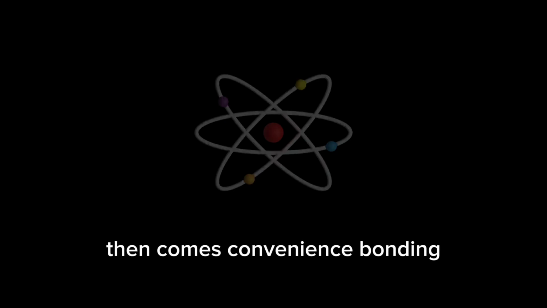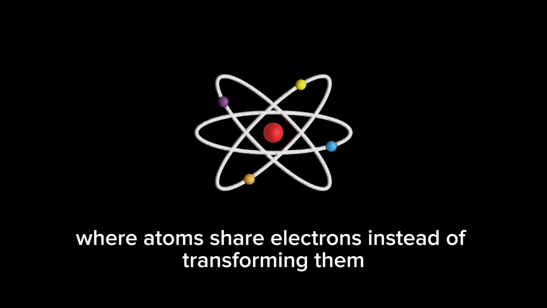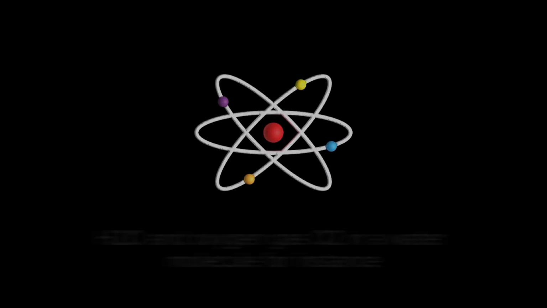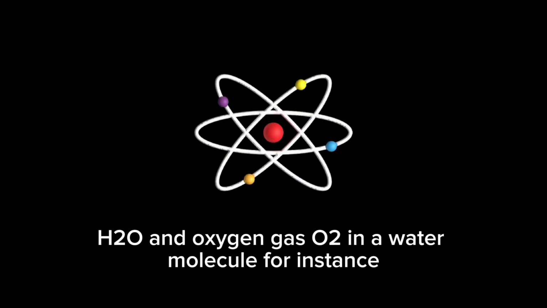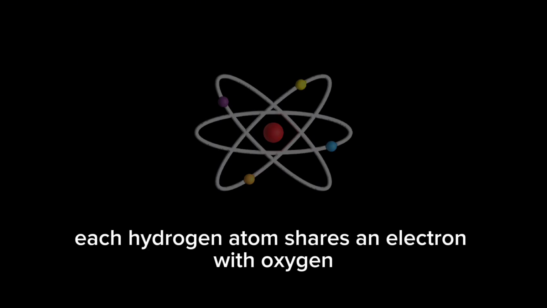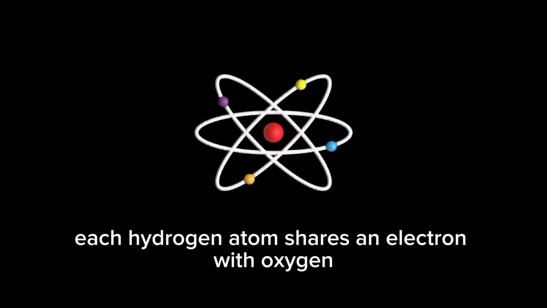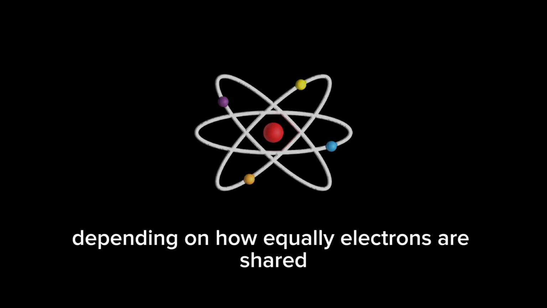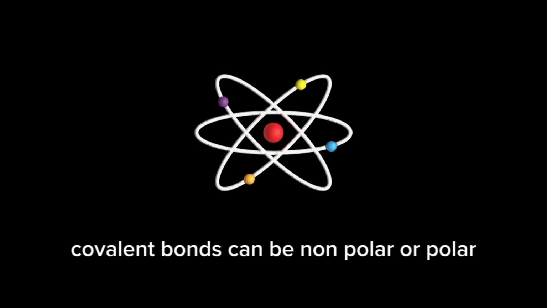Then comes covalent bonding, where atoms share electrons instead of transferring them. This type of bond is common in molecules like water, H2O, and oxygen gas, O2. In a water molecule, for instance, each hydrogen atom shares an electron with oxygen, helping all three atoms achieve stable configurations. Depending on how equally electrons are shared, covalent bonds can be nonpolar or polar.